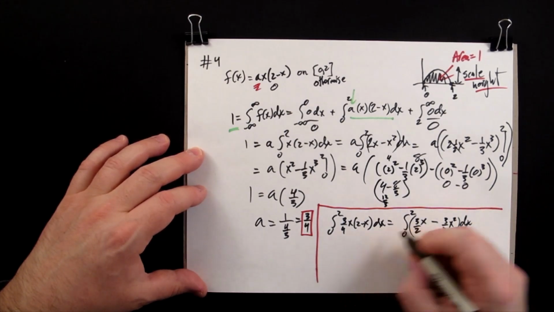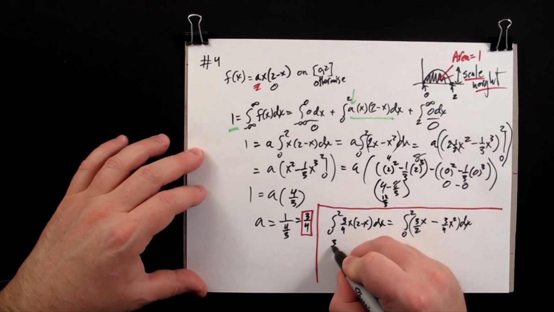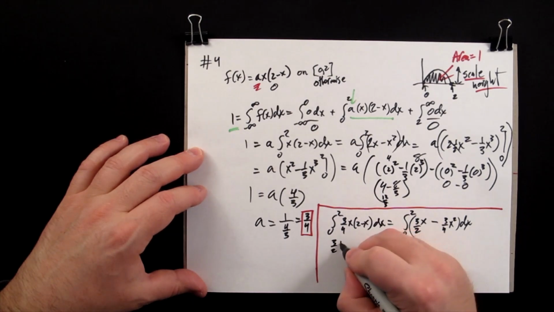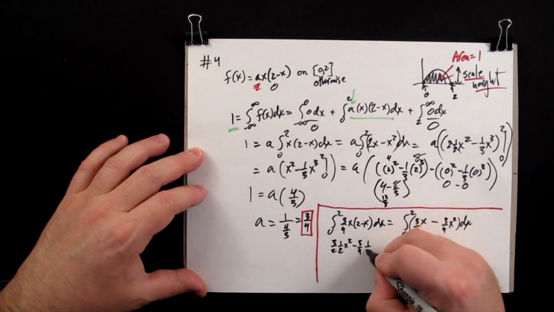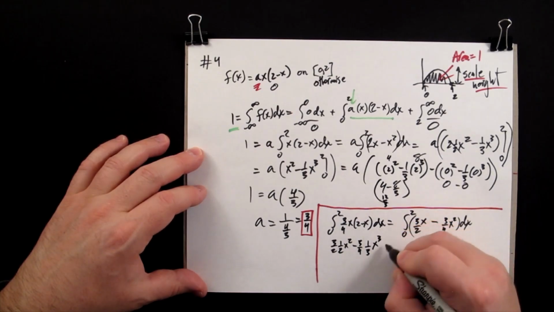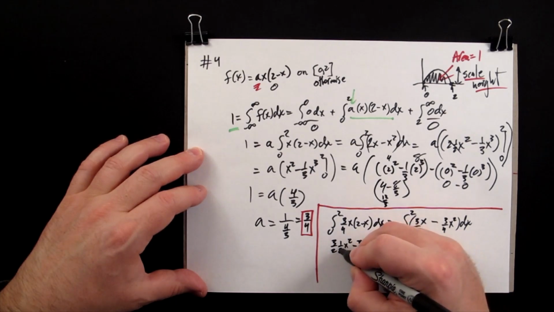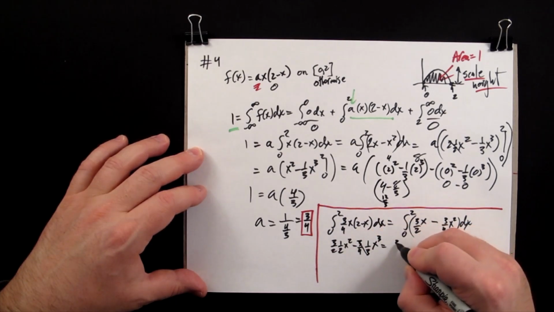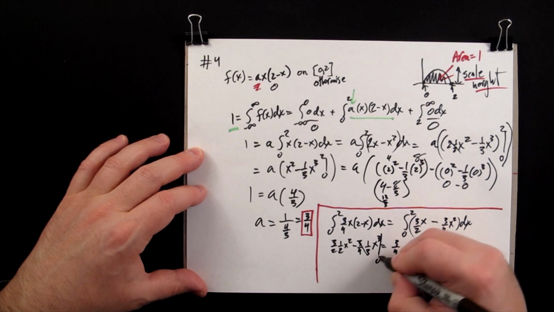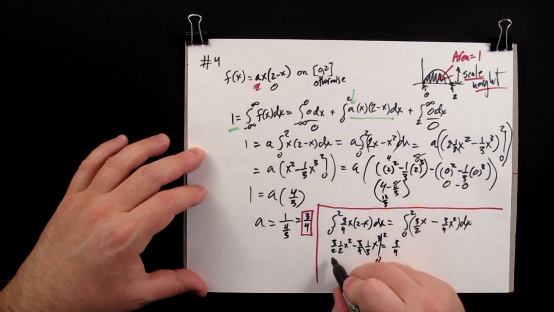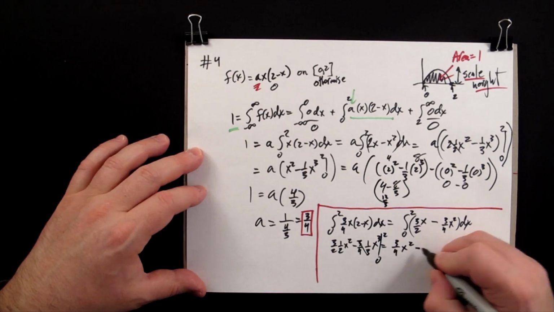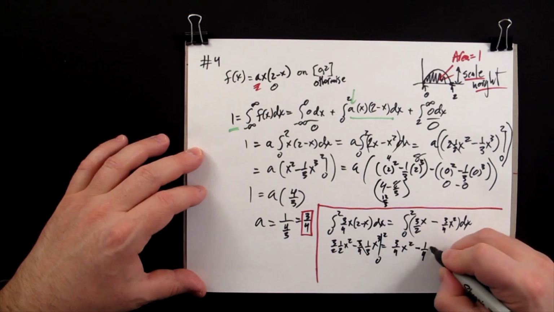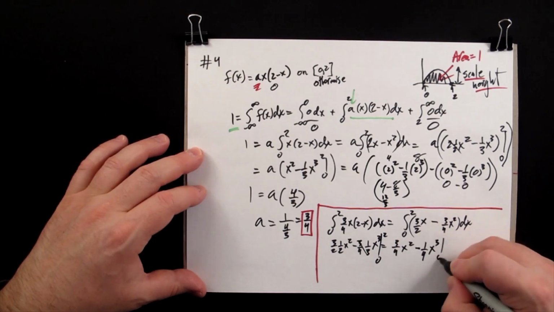So the antiderivative here is going to be 3/2 times 1/2 x squared minus 3/4 times 1/3 x cubed. And so that is 3/4 x squared minus 1/4 x cubed, evaluated from 0 to 2.